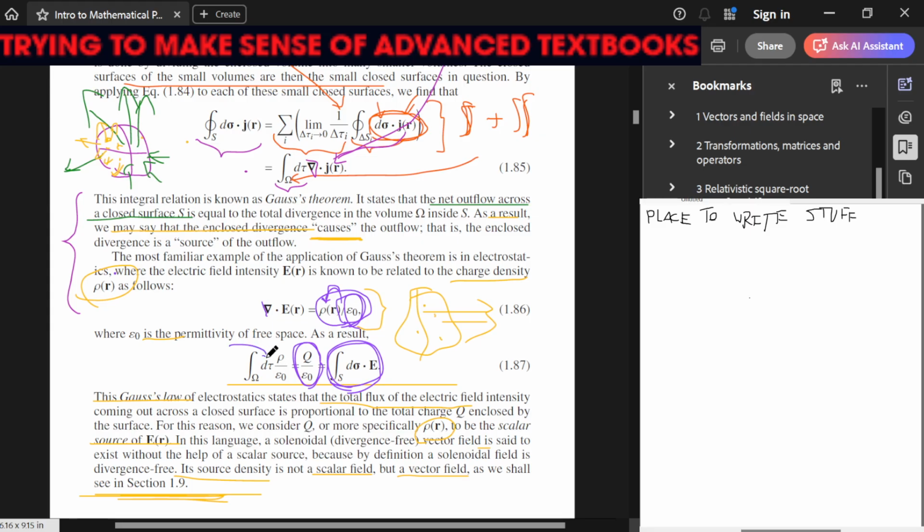Charge enclosed. Is this the volume there? Volume multiplied by charge density, which is charge over volume, I would assume. I forget the units for this.